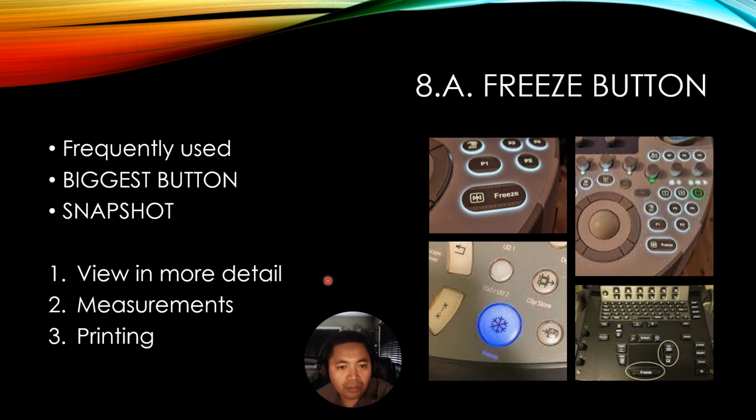Freezing the frame also allows you to do the measurements that are needed for your specific study, and printing could also be done when the image is frozen. These are some examples of button layout for the freeze function in different ultrasound machines.